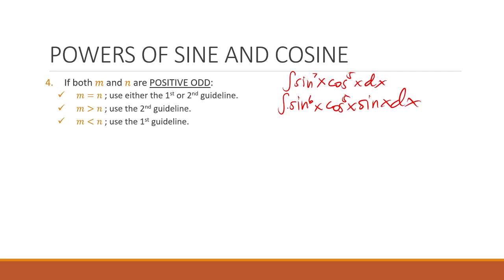And then sine raised to 6 would be sine squared x raised to 3, right? Then cosine raised to 5 x sine x dx. So what happens, class, is we turn this sine squared x into cosine, right? Using Pythagorean identity. So it becomes 1 minus cosine squared x, then raised to 3. So it will result in what? It will result in 4 terms.